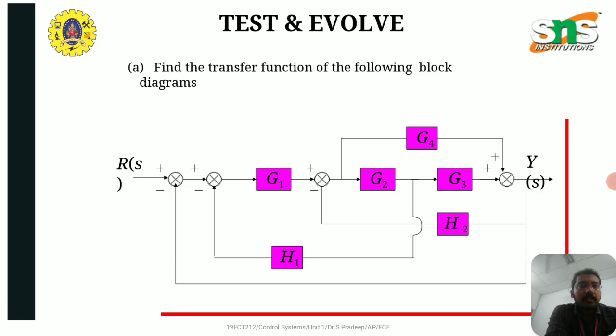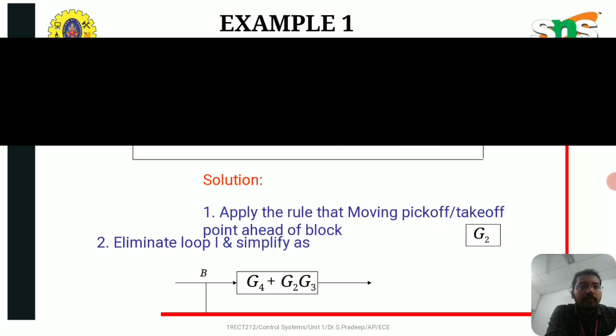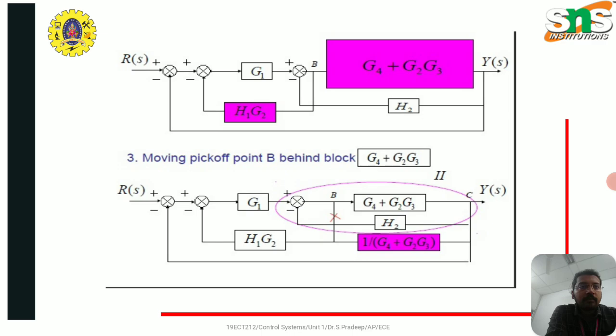In this example, we are asked to find the transfer function of the following block diagram. Here we are going to move a loop from right side to left. Moving pickup point B behind the block is given in this slide.